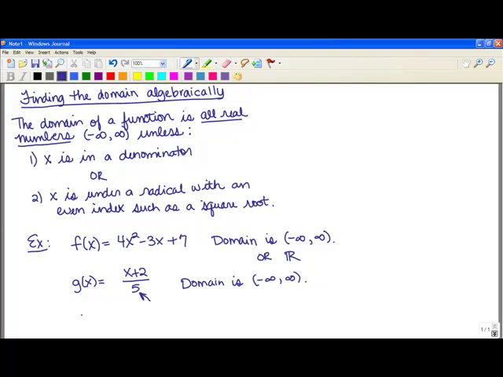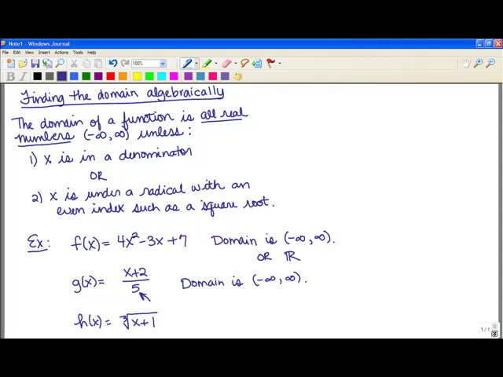Okay, what about another function? h of x equals the cube root of x plus 1. All right, now we do not have a denominator in this problem, but we do have a radical. But notice that the radical is a cube root, and that is an odd root.